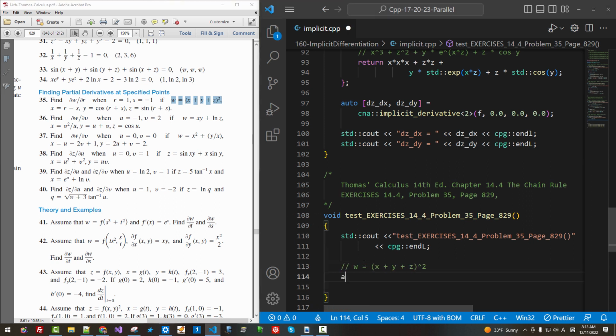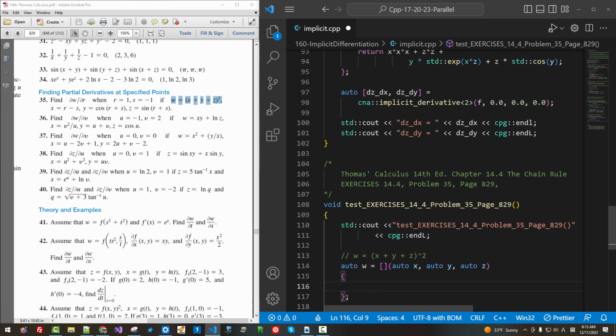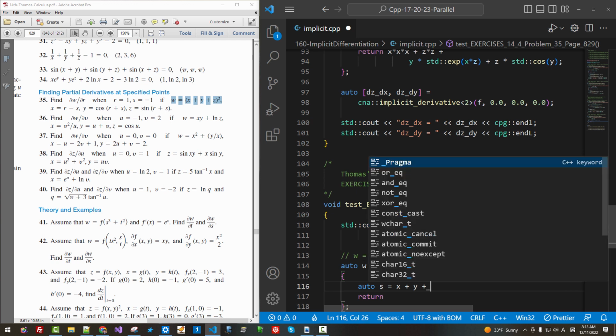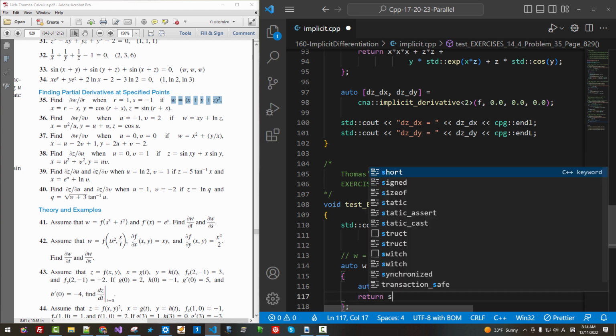Square, or W, we need 3 variables x, y, z, semicolon. Return, I say s, x plus y plus z, s times s.